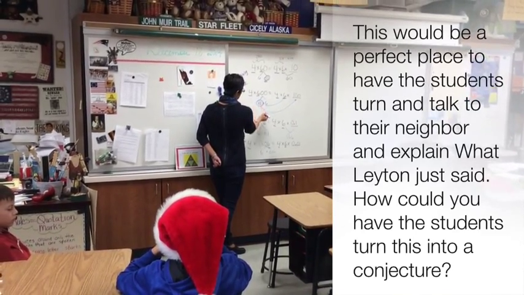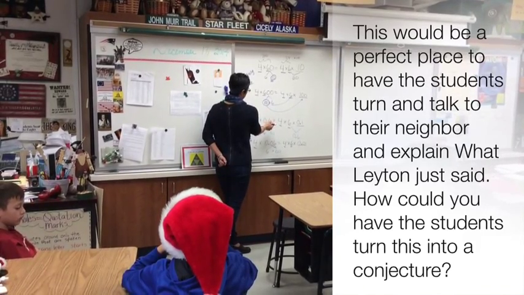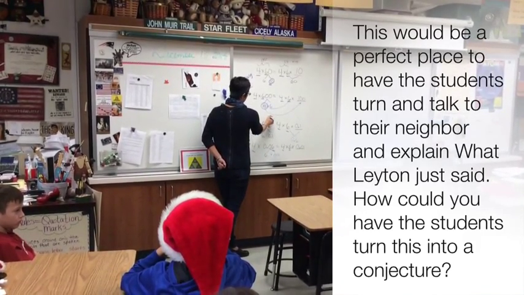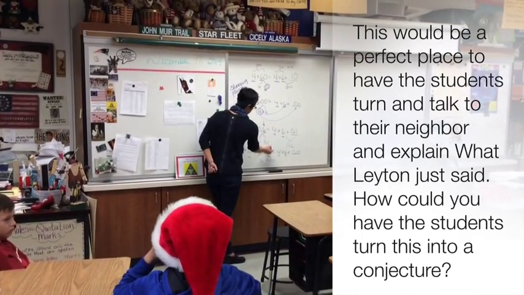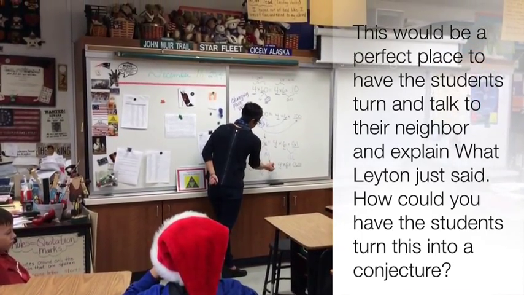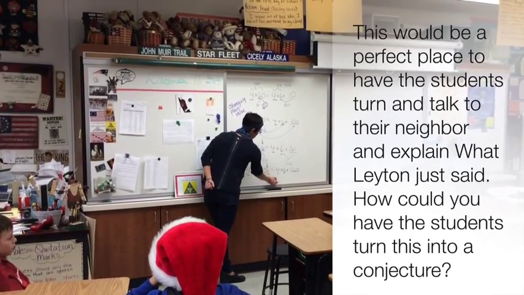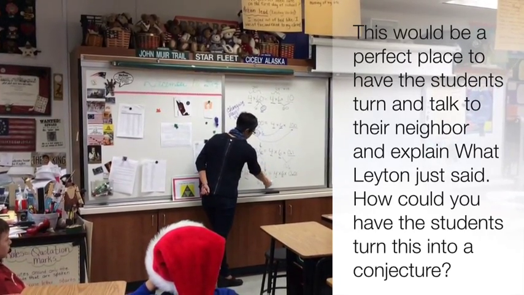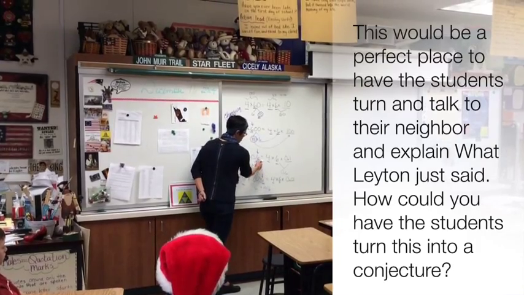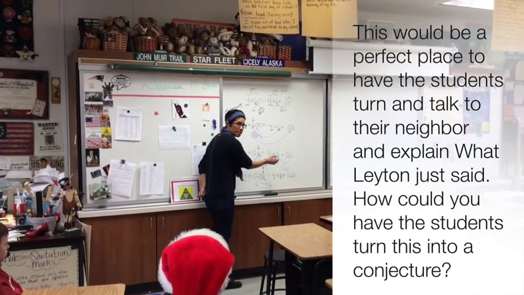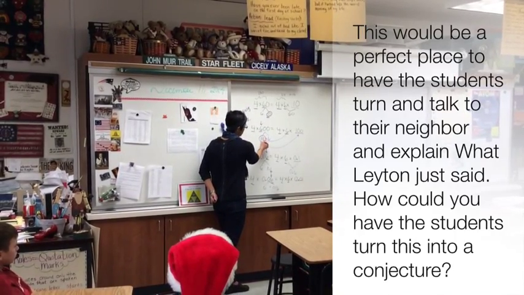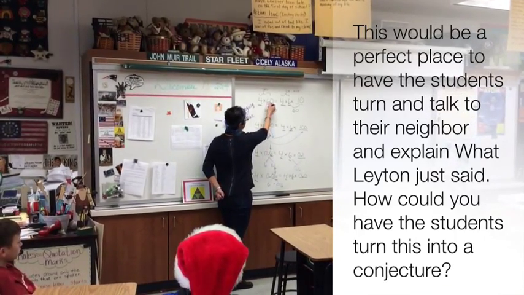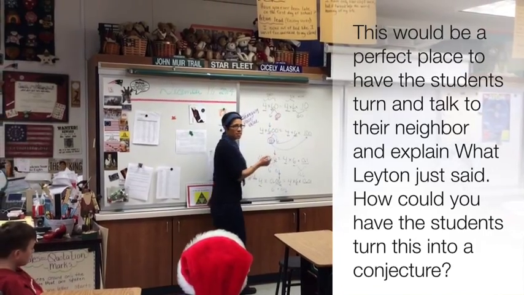And then on the third problem, the 1 was in the tenths place, and so was the 6. And then on the last problem, the 1 was in the hundredths place, and so was the 6. Oh, wow. So here's your hundredths, here's your hundredths, here's your tenths, here's your tenths. Is that what you're looking at? Here's your hundreds, here's your hundreds, here's your tens, and here's your tens.